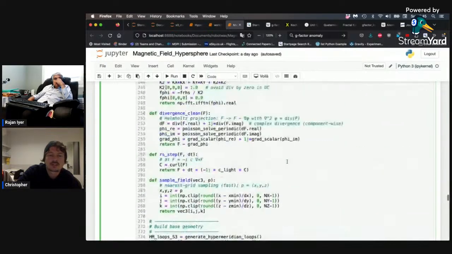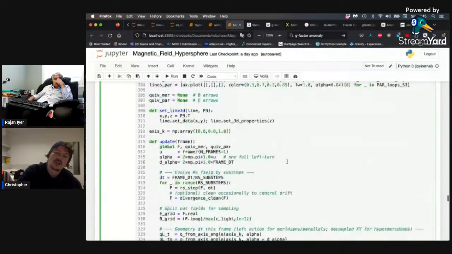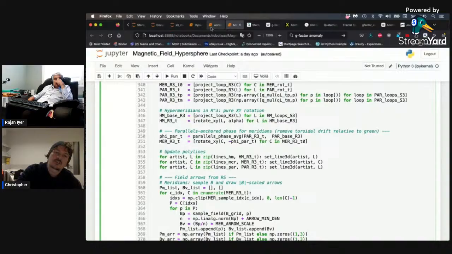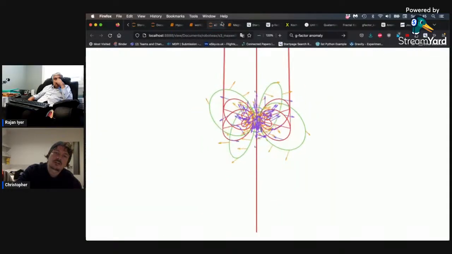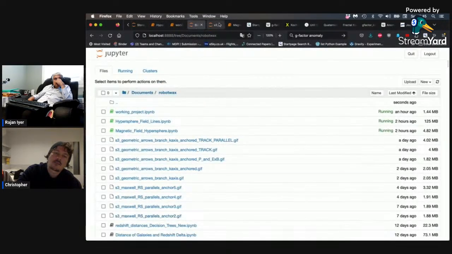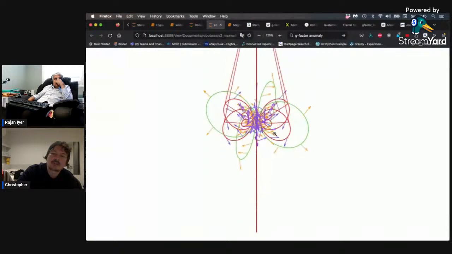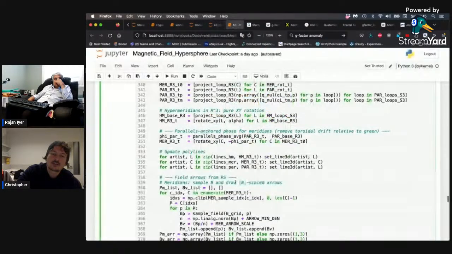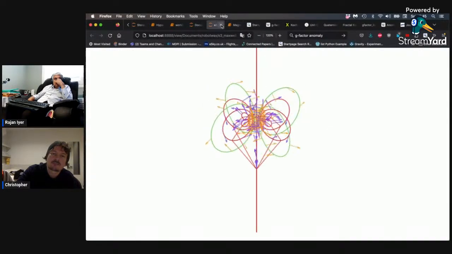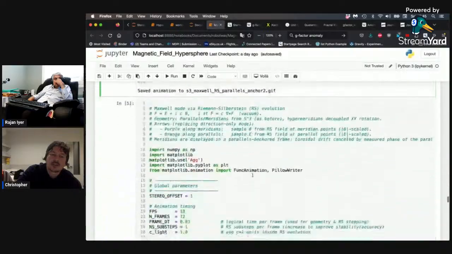Or actually, this is just a divergence clean. So all of that is supposed to create these dynamics, but as we can see here, it's quite messy. So we actually don't want that. So we'll get rid of that. All of that was kind of wrong.